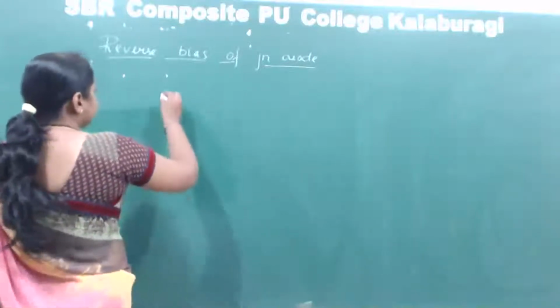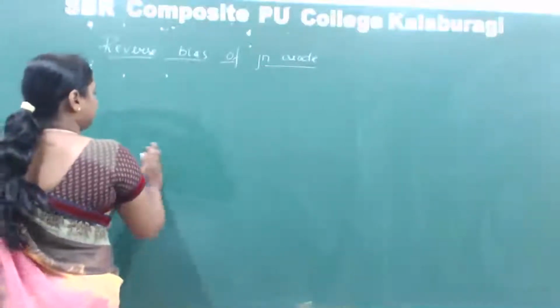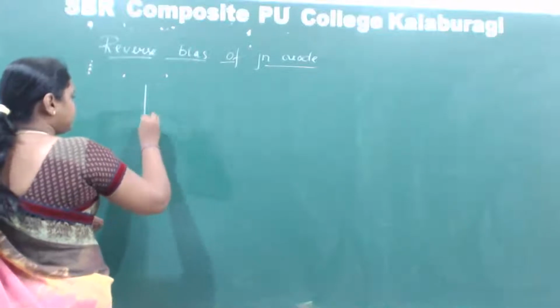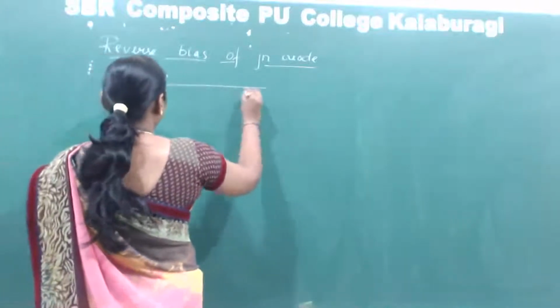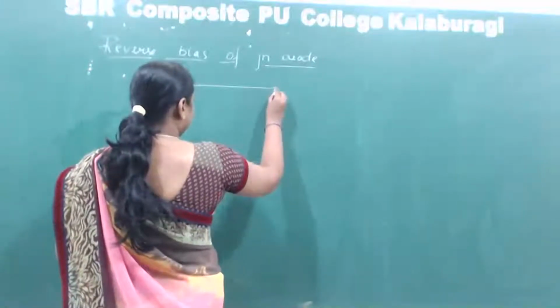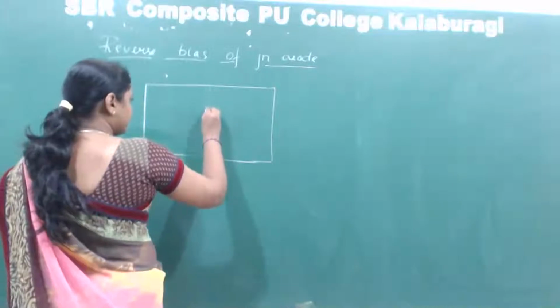So for that, I am first of all drawing the figure with the depletion region, and at the depletion region the position of the immobile ions, and also the P type and N type showing the majority and minority charge carriers.